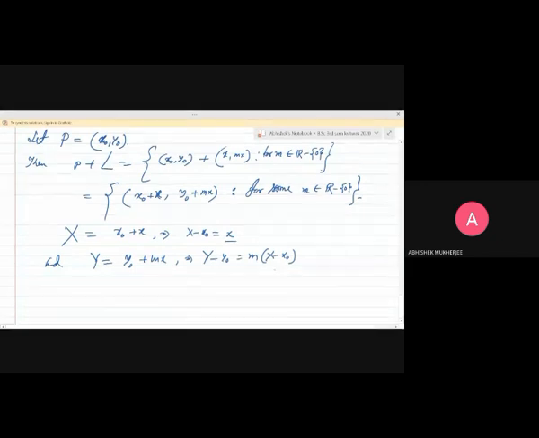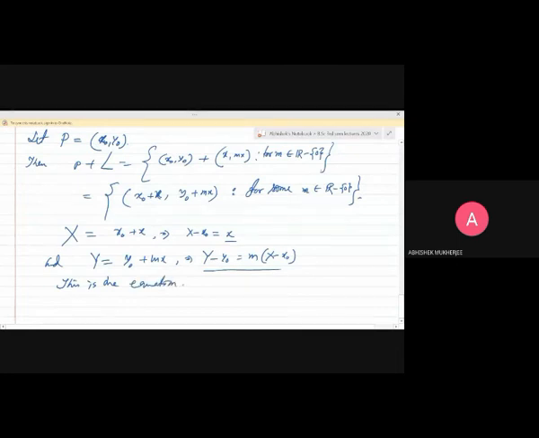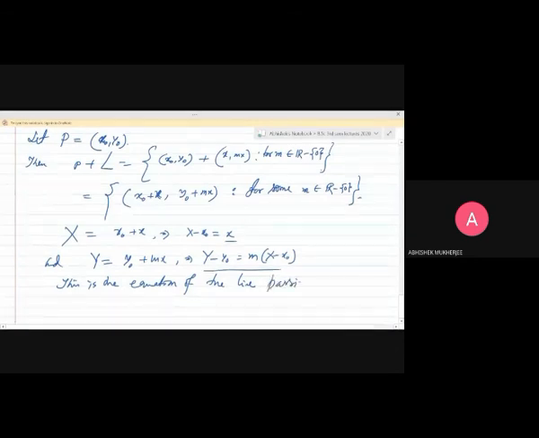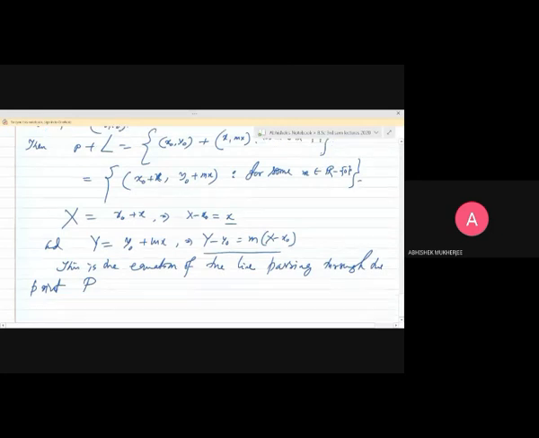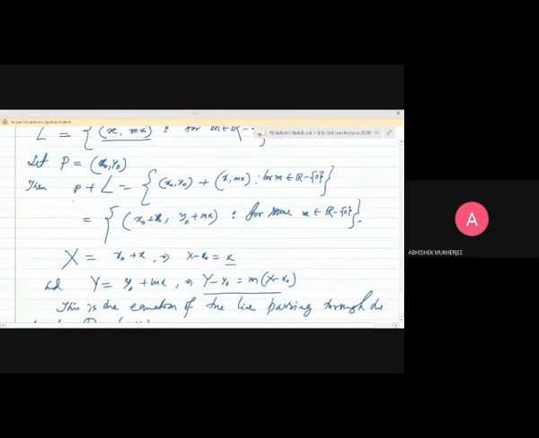So this is the equation of the line passing through the point P, where P equals (x0, y0). So what are the left cosets of L in R2?